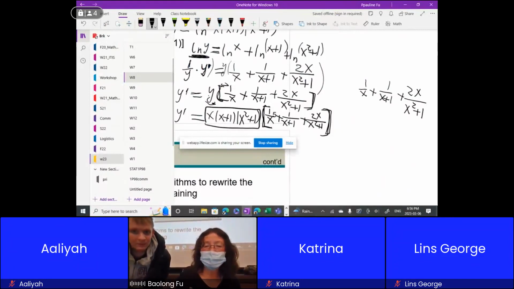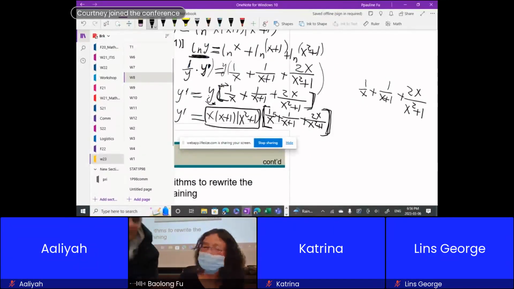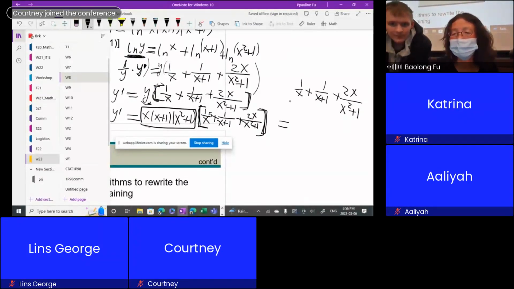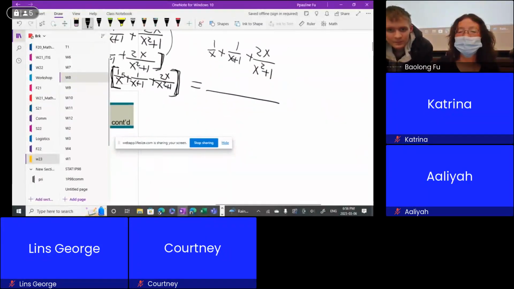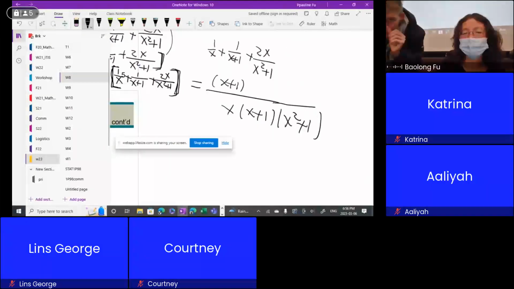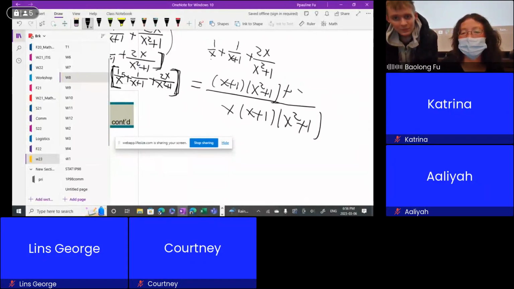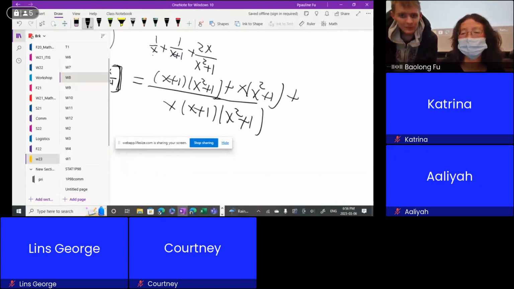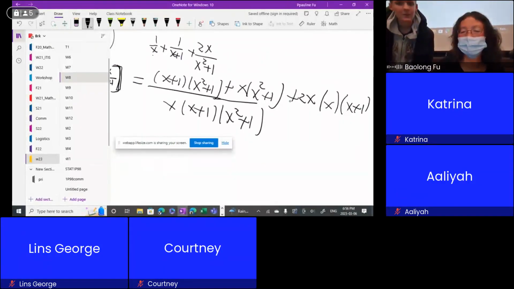I multiply this, so it equals x times x squared plus 1 in one term. Then this one, I need to times this 2, so x plus 1 times x squared. This guy, I need to times this 2, so x times x squared plus 2. This guy I need to times this 2, so it is x times x plus 1.